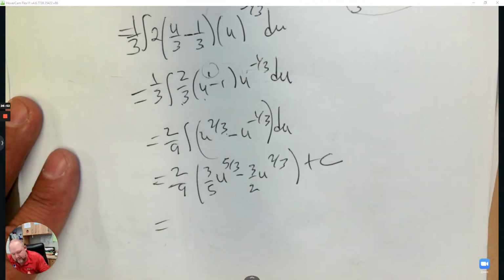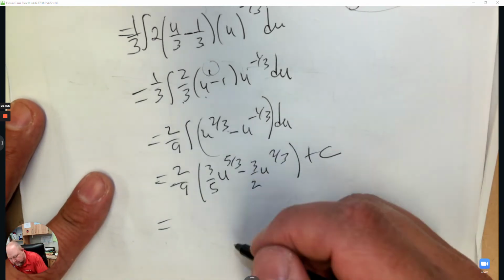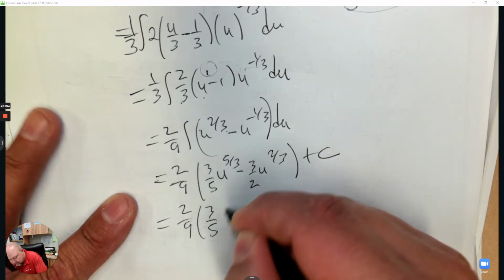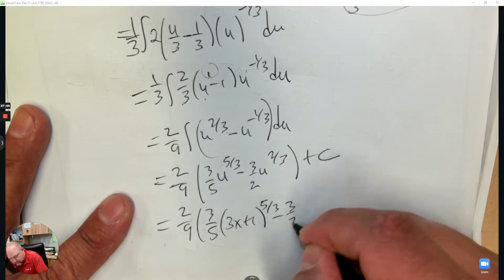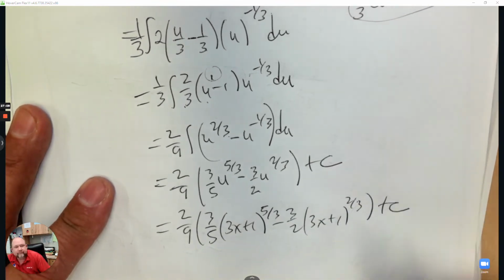And then I've got to put x back in. So u is equal to 3x plus 1. That could have been worse. And it's done.